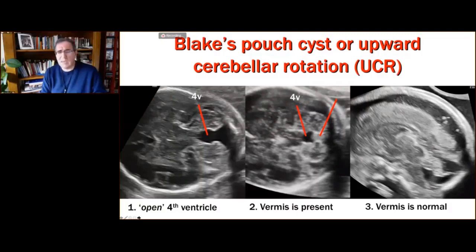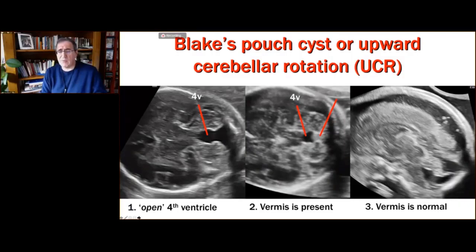Once you have this image, it is important that you establish whether the vermis is present or not, and this is something that you do by scanning at a slightly upper level than the one that you see here, until you see that there is, like in the mid-image in this panel, echogenic tissue that is separating the fourth ventricle from the cisterna magna.